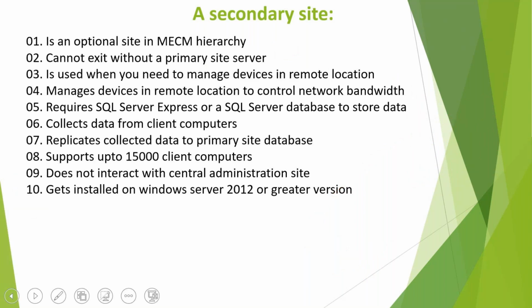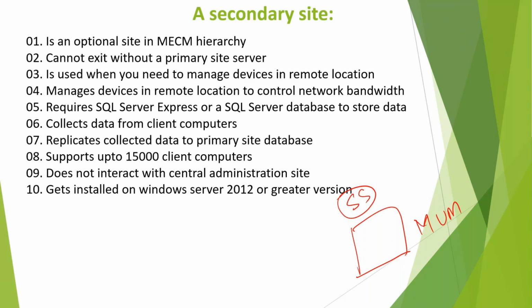So secondary, for example, this is a secondary site server in Mumbai. Secondary cannot exist without a primary. And the primary site is in New York, for example. So the primary site is going to supply the content and policies to secondary, and secondary is going to supply the content and policies to, let's say, the 5,000 devices in Mumbai.